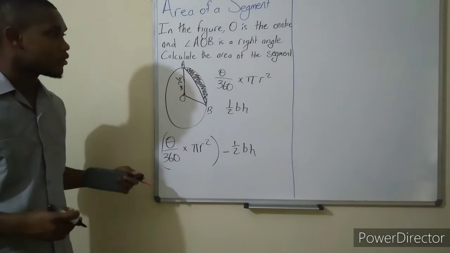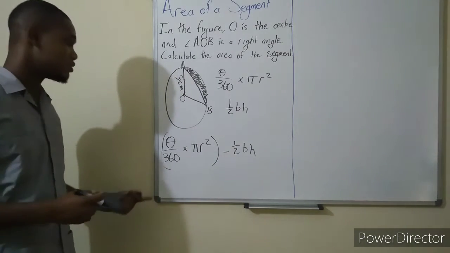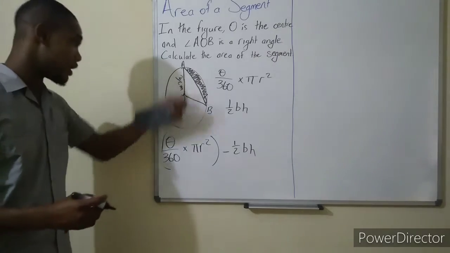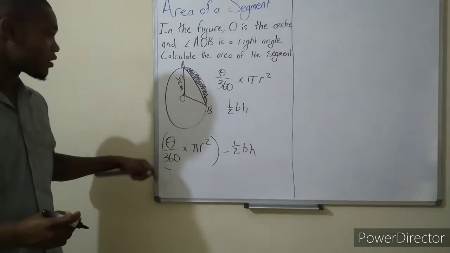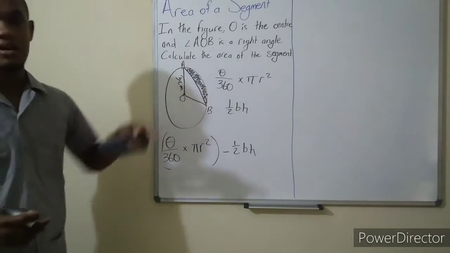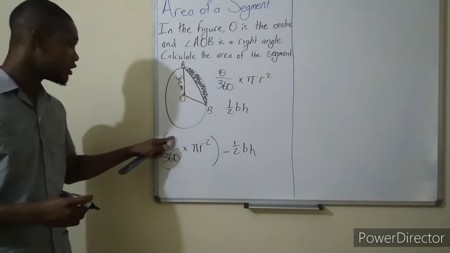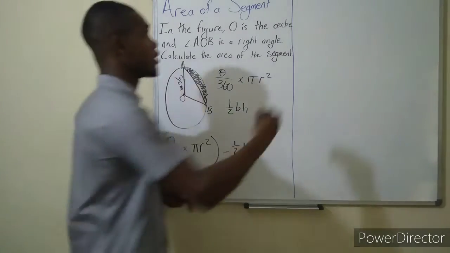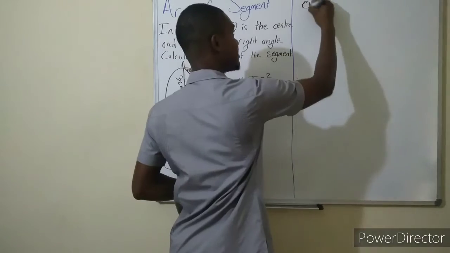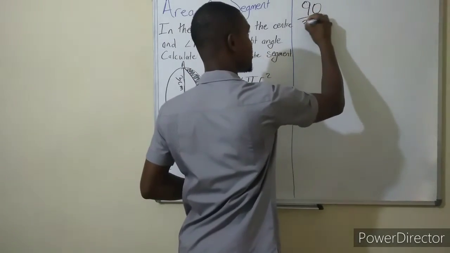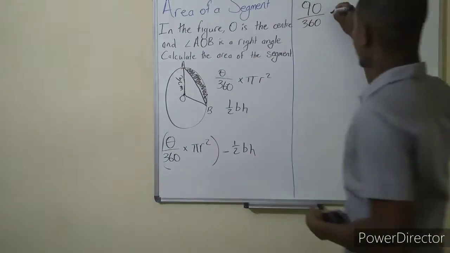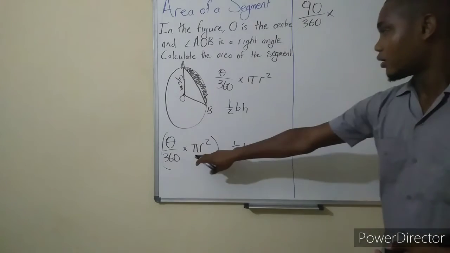So now we are going to fill in this information based on this diagram. So theta over 360, theta, if it's a right angle, we automatically know that the degrees is going to be 90. So that's 90 over 360 multiplied by pi.